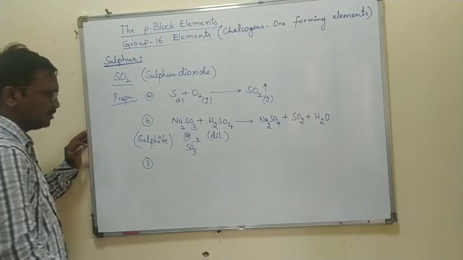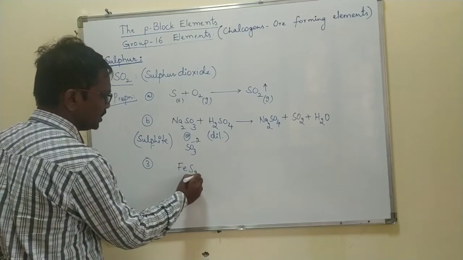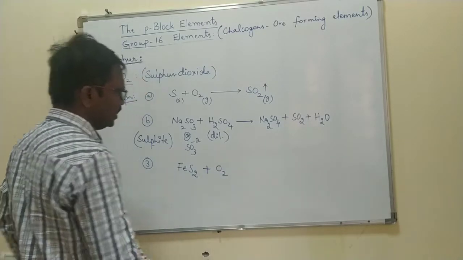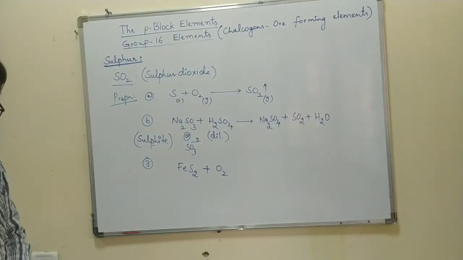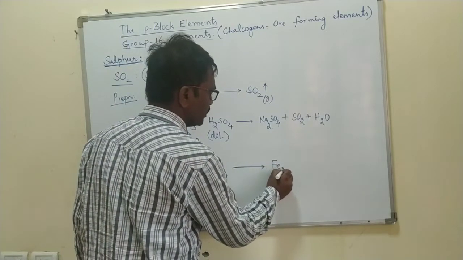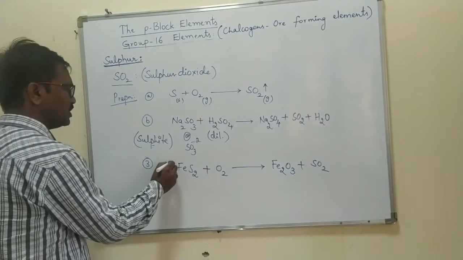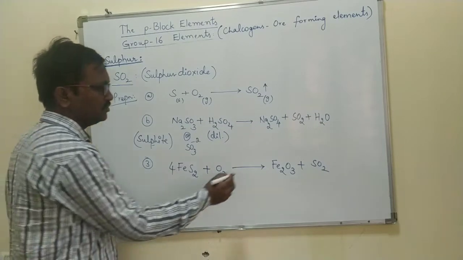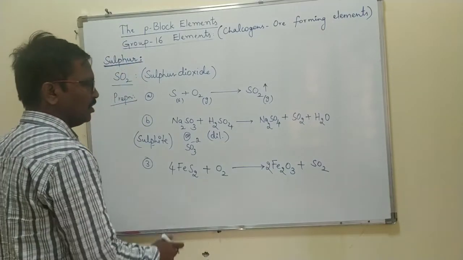Next one, from the sulfides: FeS2 plus oxygen, right? Iron combined with oxygen generally forms ferric oxide, Fe2O3, plus sulfur dioxide. So 4FeS2 gives 2Fe2O3, right? So how many oxygens?